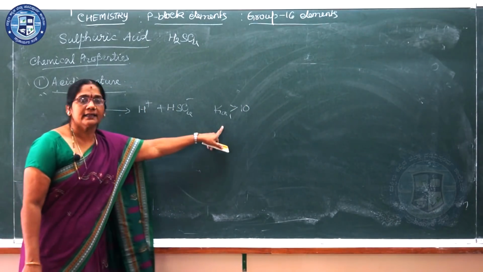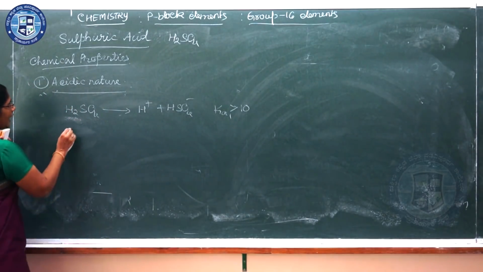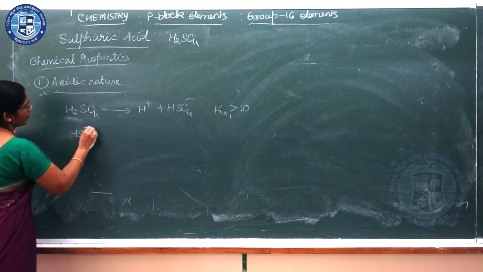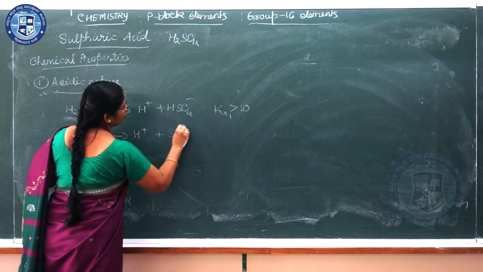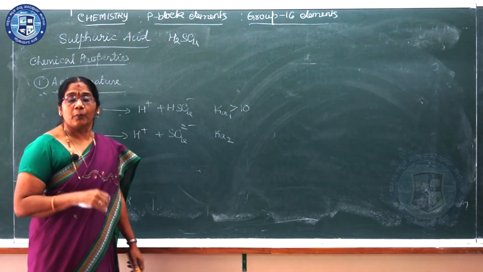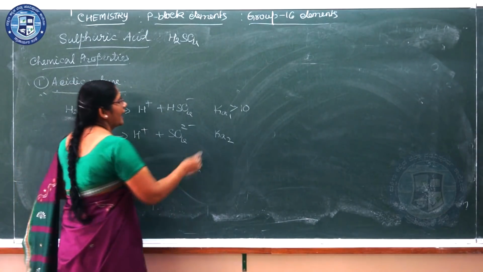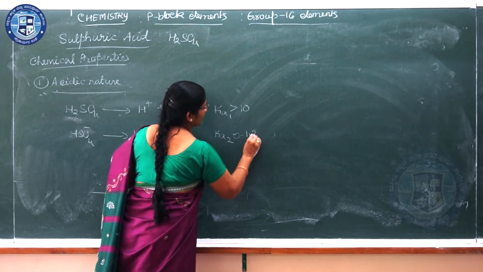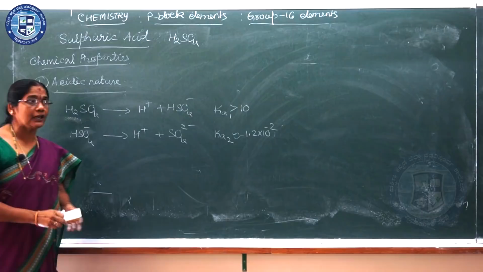The more the dissociation constant, the more the ionization. This HSO4 minus then dissociates to give H plus and sulfate ions. You know polybasic acids dissociate in more than one step, and Ka2 is approximately 1.2 into 10 to the power minus 2, which is very, very low.